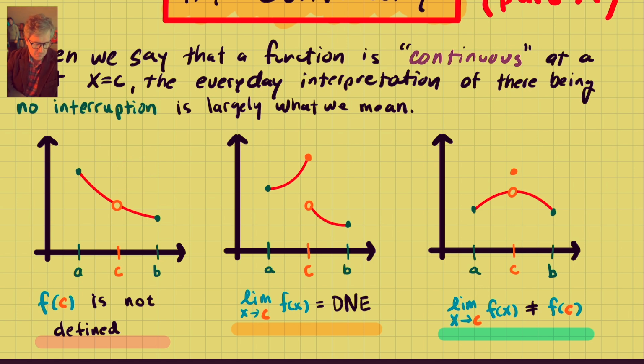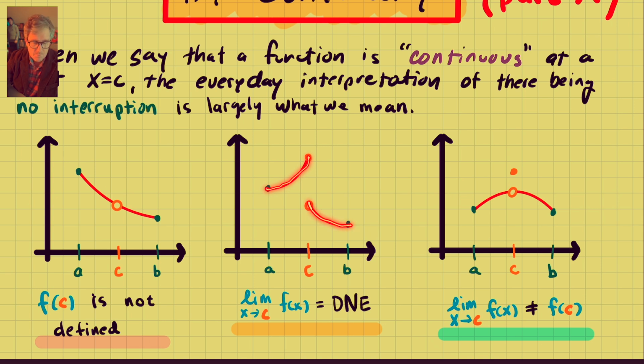Another example would be what you see in the middle here. Here the limit as x approaches c of the function does not exist. Now, the function is technically defined everywhere, there's no issue at c. But what we see when we look at the actual graph is that the function moves up and then it just jumps down.